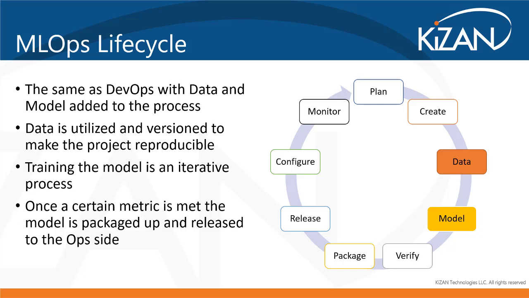Then, similar to how the website was monitored by responsiveness or communication, there are specific metrics with a machine learning model that are quite different from website or other applications, but they can still be captured and collected and brought back into the planning phase.